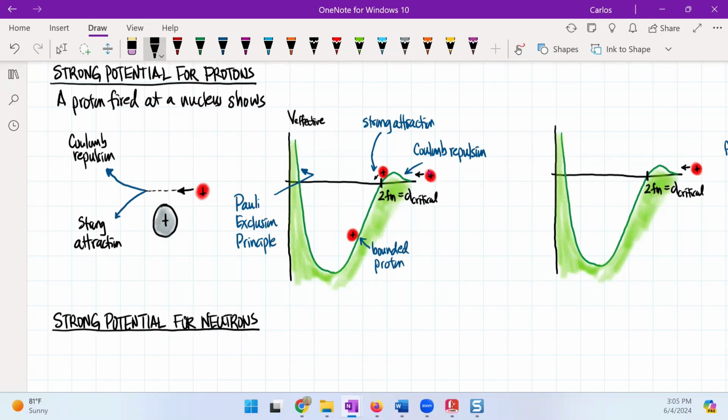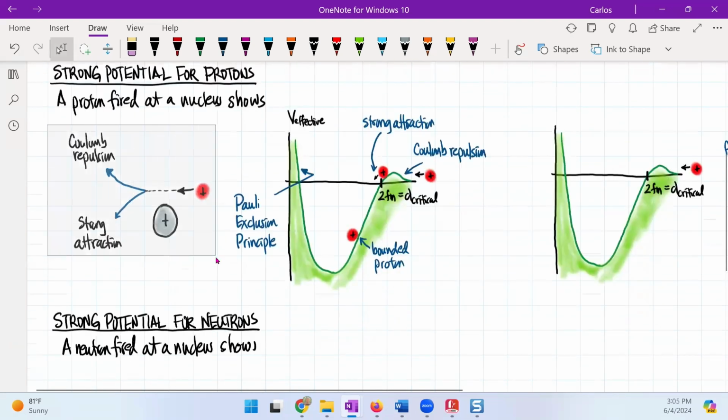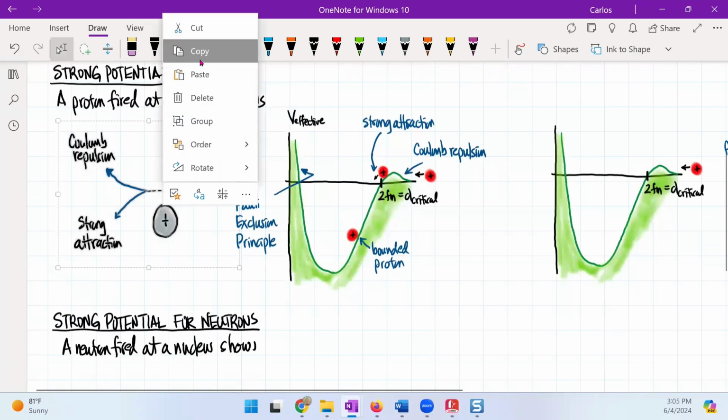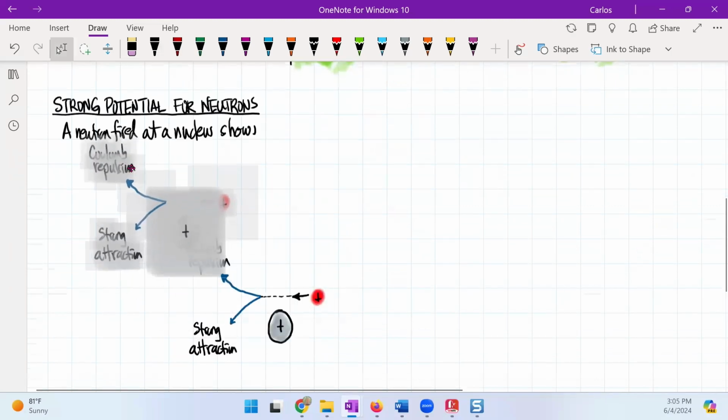What we know is that a neutron fired at a nucleus shows two behaviors. One of the behaviors is that, again, if I copy this down here, what I'm seeing is this.